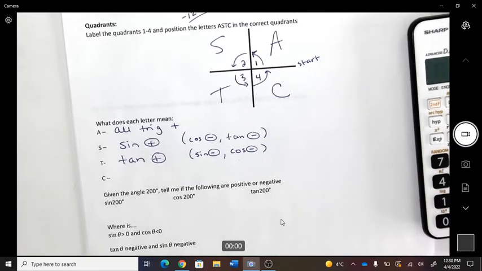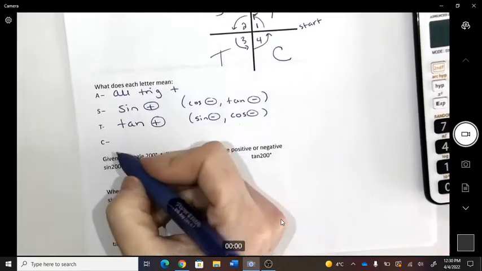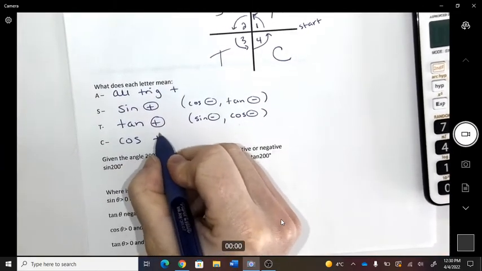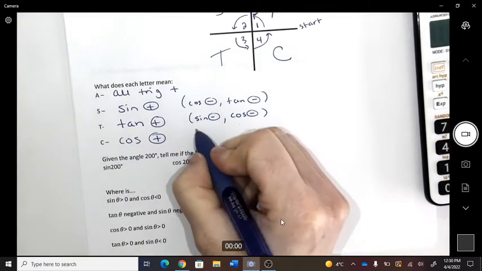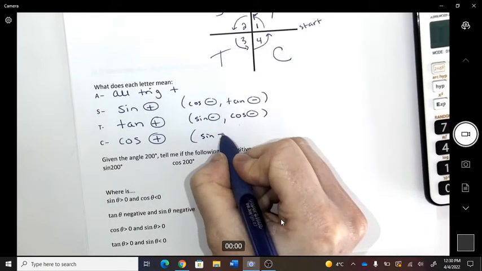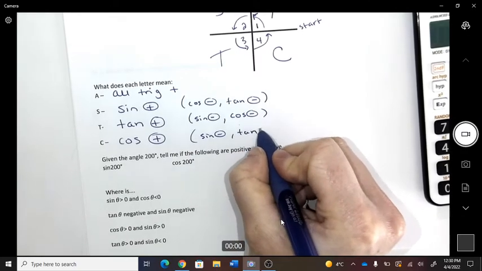The C stands for cos is positive. So if the cos is positive, sine would be negative and tan would be negative.